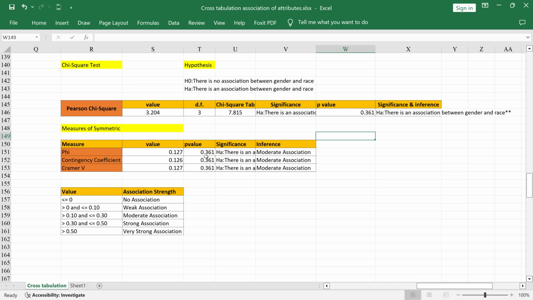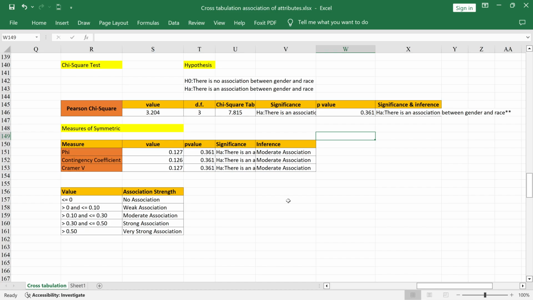The p value is the same p value used for the chi-square test, so we can calculate the significance. We compare this p value and we get the same inference as well. So we accept HA and we reject H0, so there is an association between gender and race.